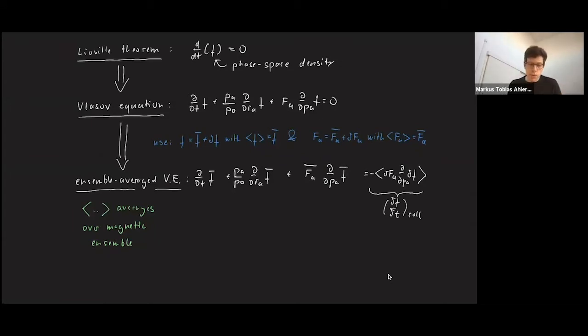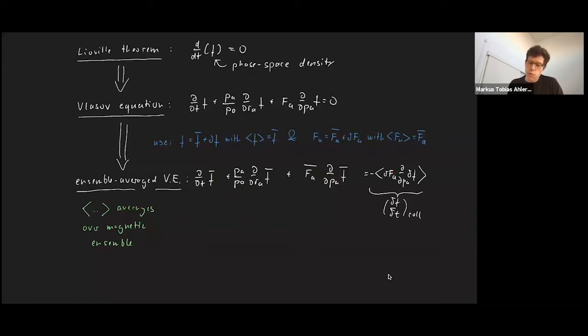The equation that we derived this way was the following. You take the Vlasov equation, this equation here, and look for the ensemble average by replacing the phase-space density and the Lorentz force via this expansion, and using the fact that delta F and delta FA individually vanish in the ensemble average. We end up with this ensemble-averaged Vlasov equation, which looks like the original equation on the left-hand side, but on the right-hand side we don't have 0.